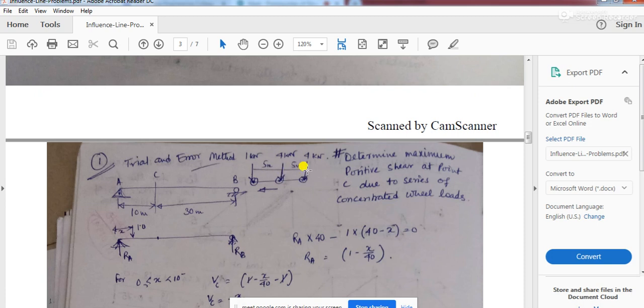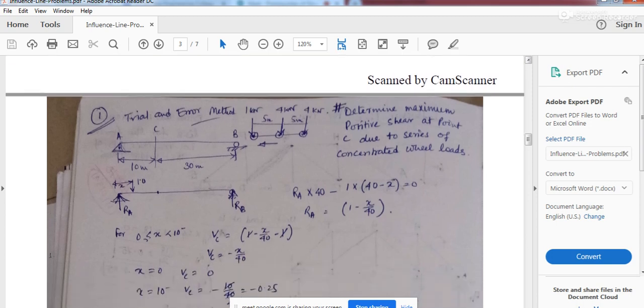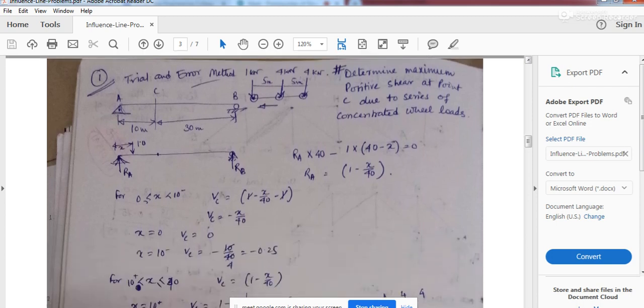You need to find out, because of this series of concentrated loads, what will be the maximum shear at C. So this problem is solved using both methods, the trial and error method as well as the change in slope method, okay.